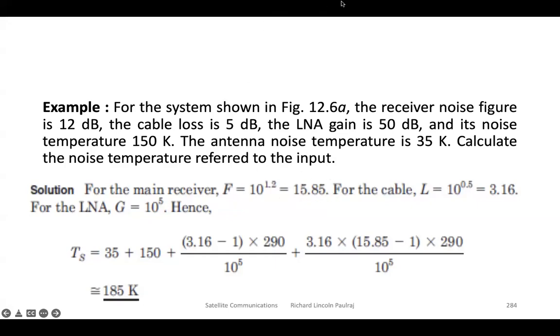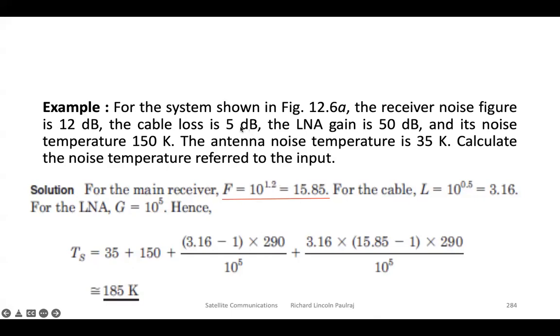Remember, students, this is important, because most of the time I've seen mistakes happening just because you have not done this conversion. So make sure that you have 10 raised to 1.2. Since it's 12 dB, you divide it by 10, so it becomes 1.2, and you convert the figure into the factor. So that's 10 raised to 1.2.